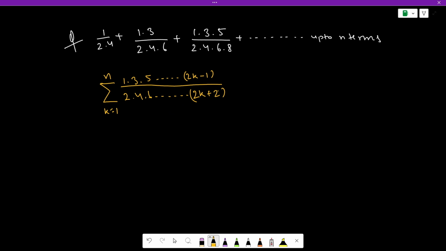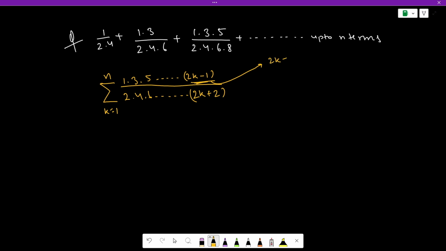Now to break this in questions where you have a product in numerator and product in denominator, generally what we can use is this trick, that you should multiply with the numerators. Like here this is 2k minus 1. So what will be its next term?